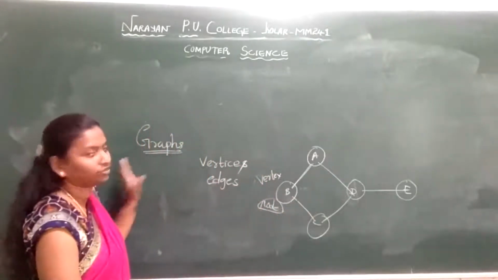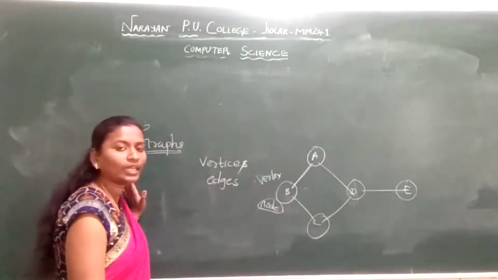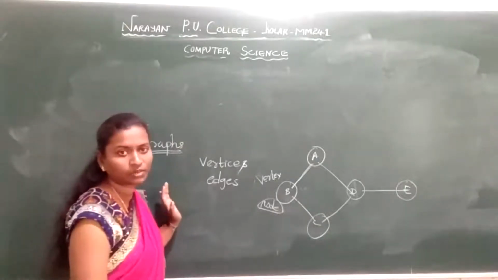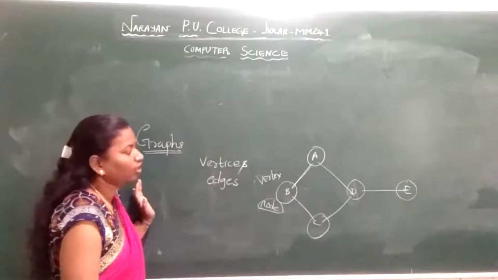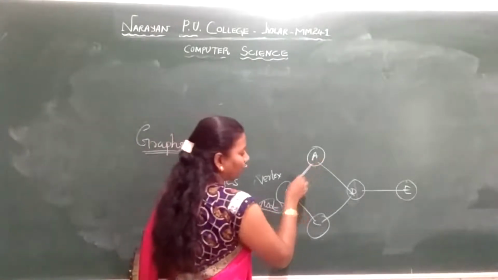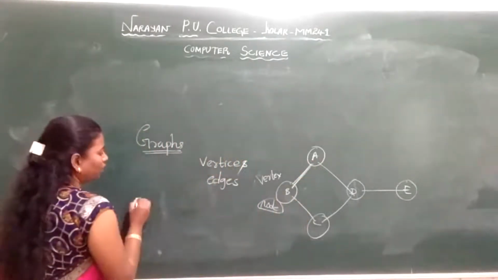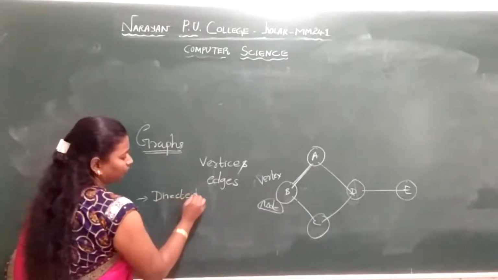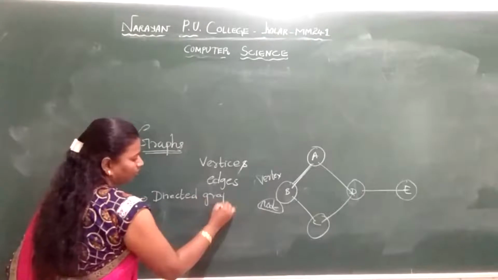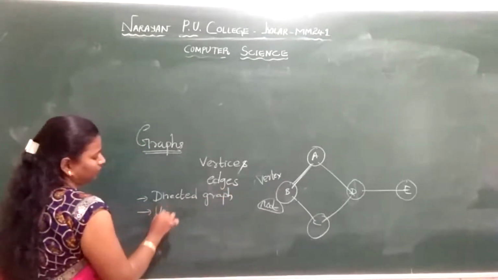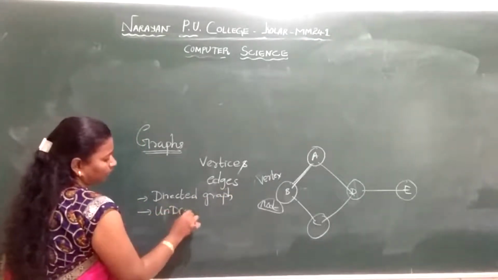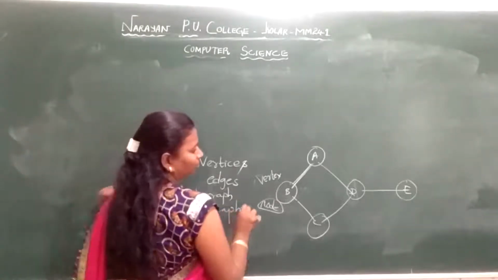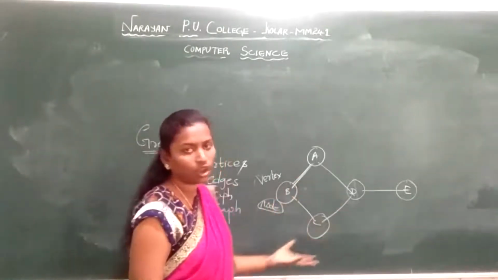When you write the graph definition, a graph is again a non-linear data structure which contains the set of vertices and the edges which connect the vertices. So this is a graph. So in graph again we have two types of graph. One is directed graph and undirected graph. So if I don't give the direction, it is not directed.